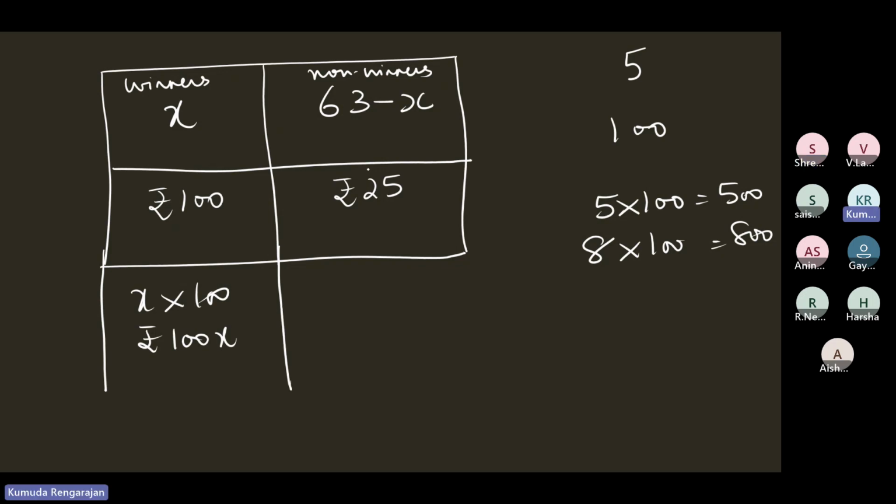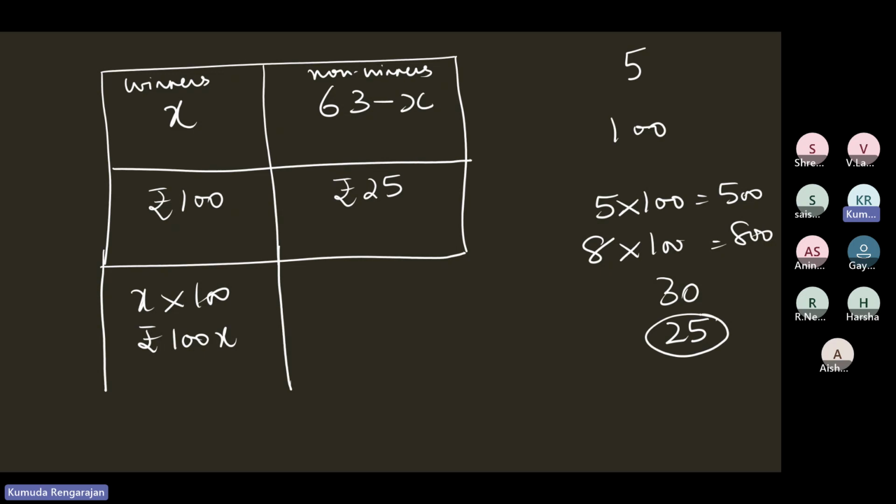And here the prize money distributed among the non-winners is 25 into 63 minus X. Because if the number of non-winners is 30, how much are we giving each non-winner? 25 rupees. So the total money distributed among all the participants who are not winners will be 30 into 25.